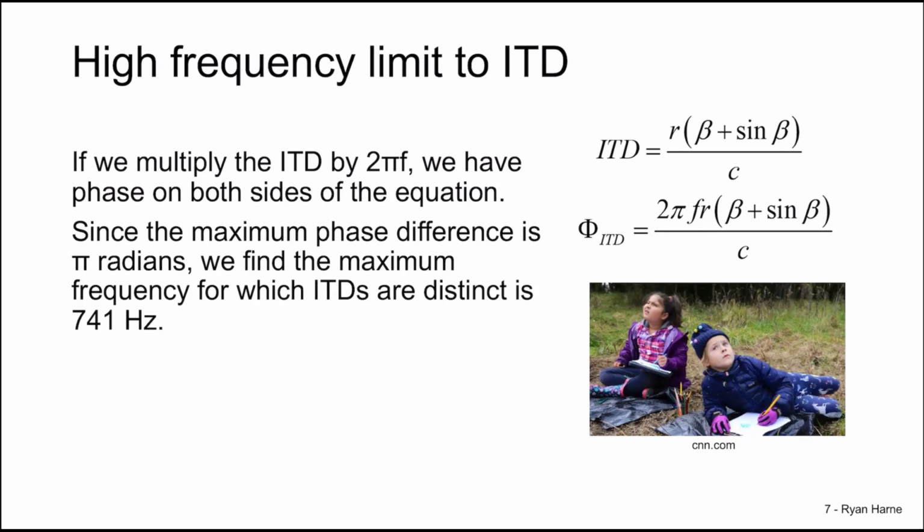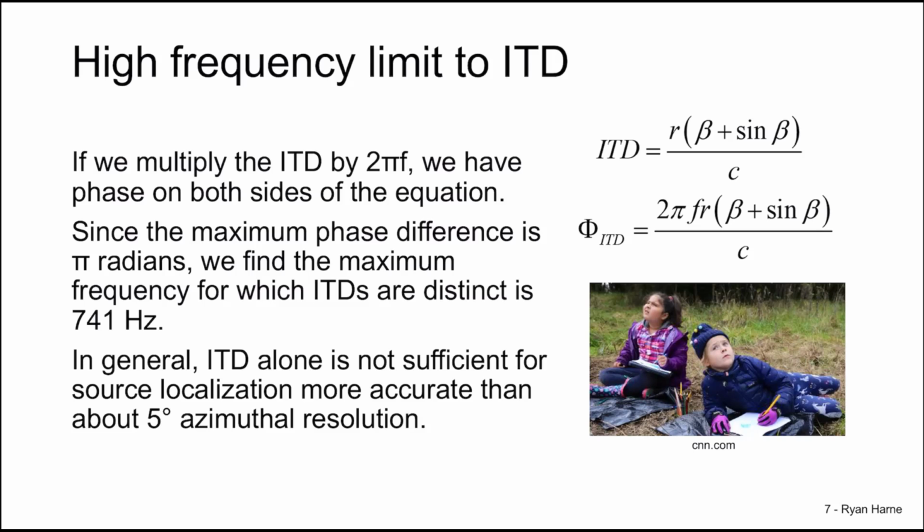Given that the maximum phase difference between ears can only be pi radians before spatial aliasing occurs, we find then that the maximum frequency for which ITDs are distinct is 741 Hz. In general, though, the ITD alone is insufficient to localize sources more accurate than around 5 degrees azimuthal resolution. We need other mechanisms to assist us in this effort.